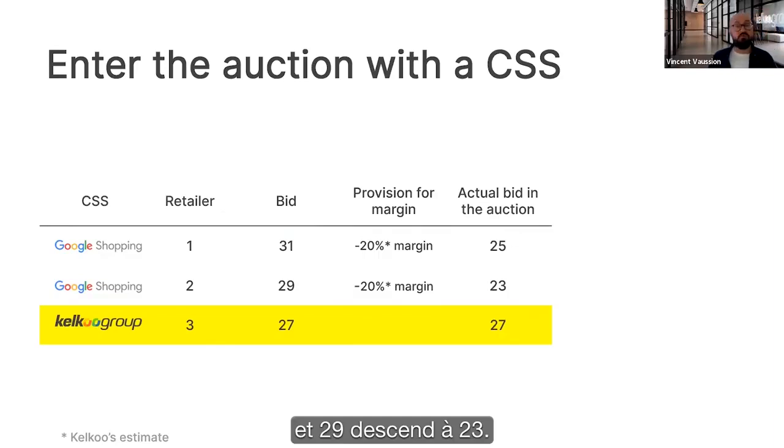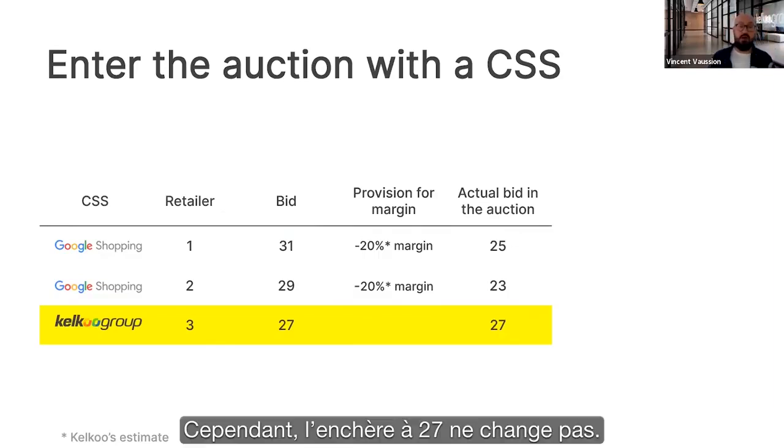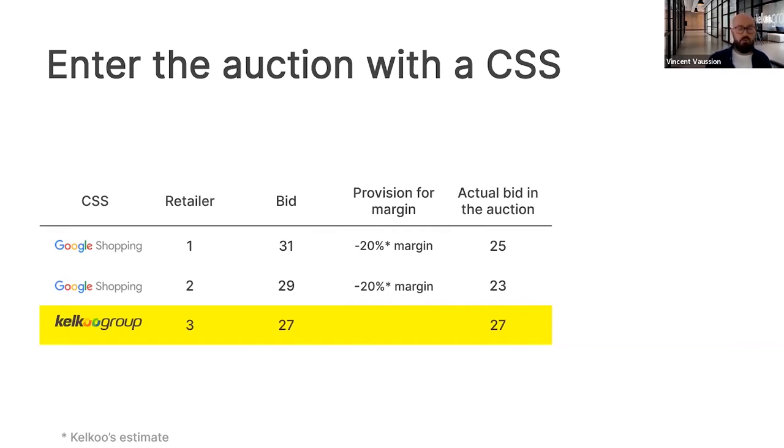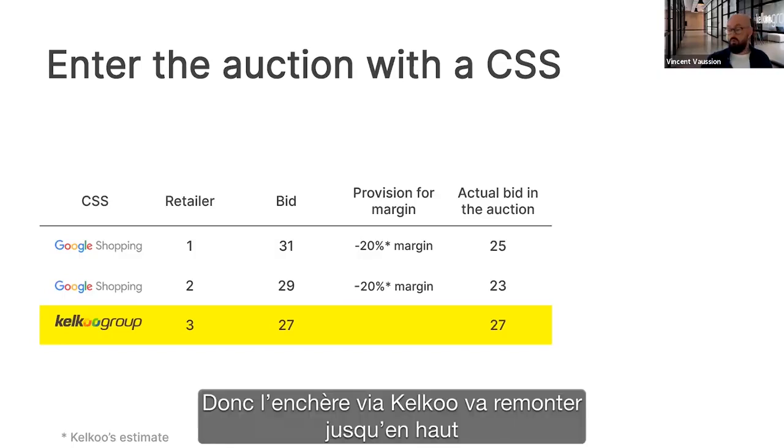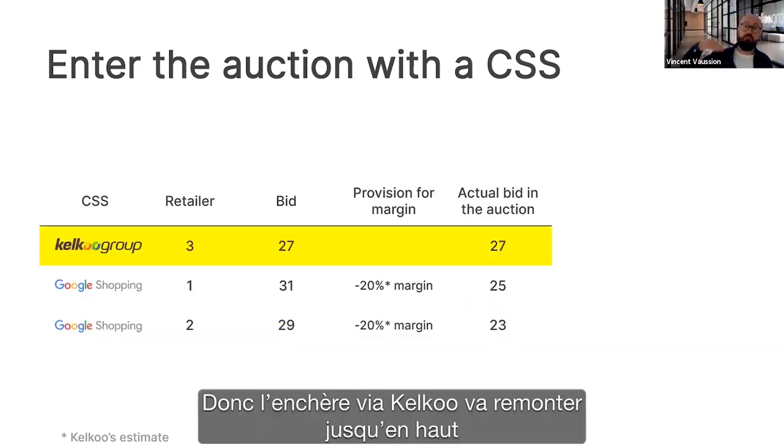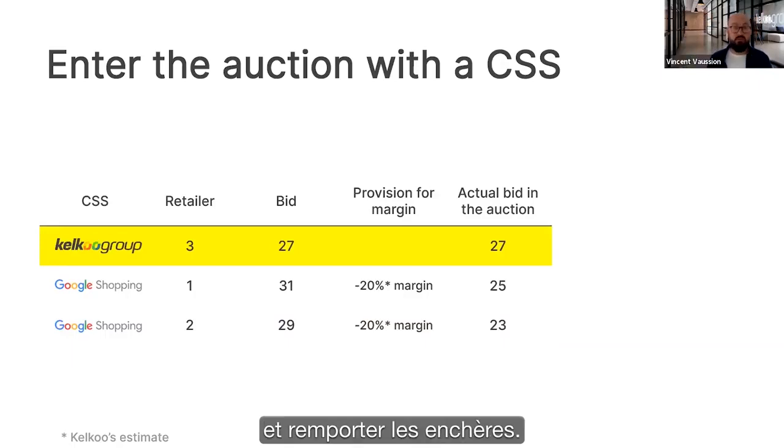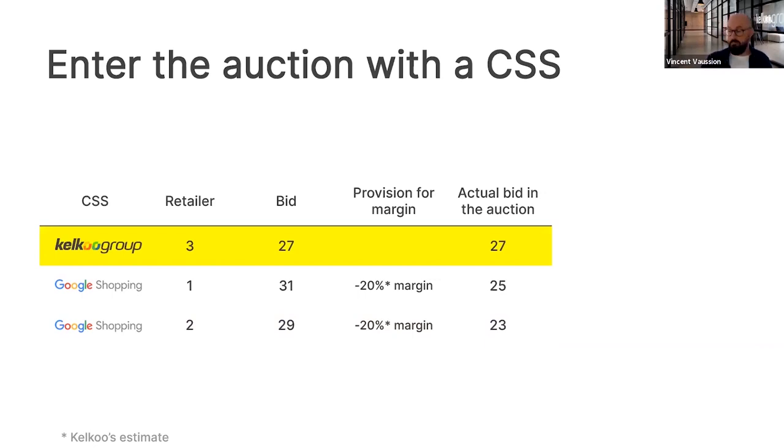And 29 becomes 23. However, the third bid, 27, remains unchanged. So the bid with Kelkoo will go up the ladder and end up in the first position and win the auction.